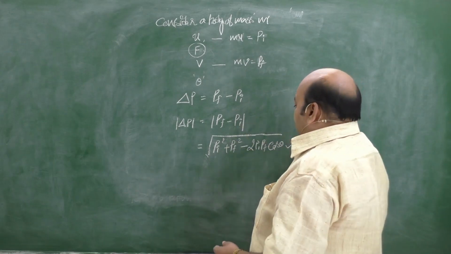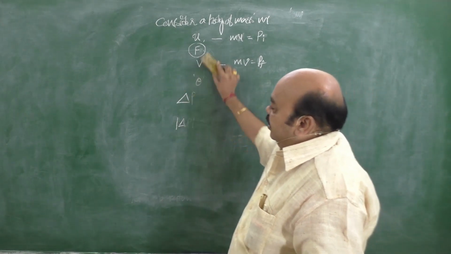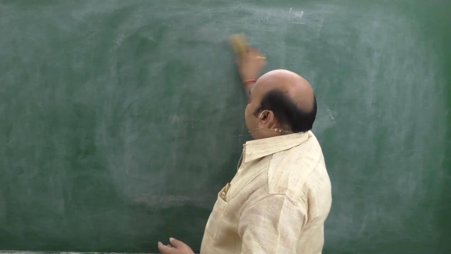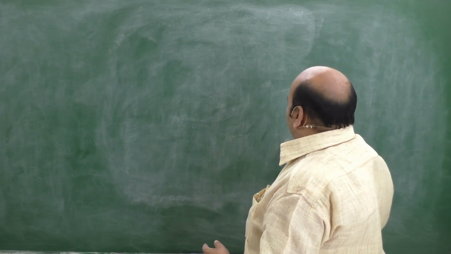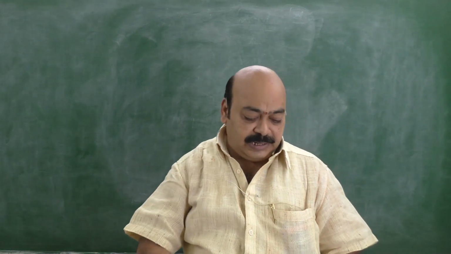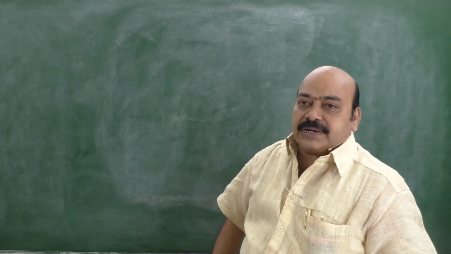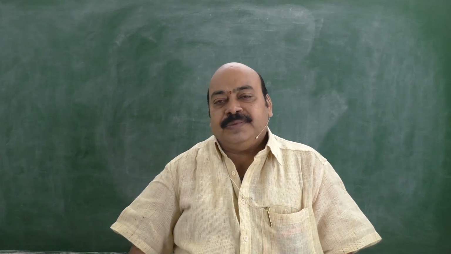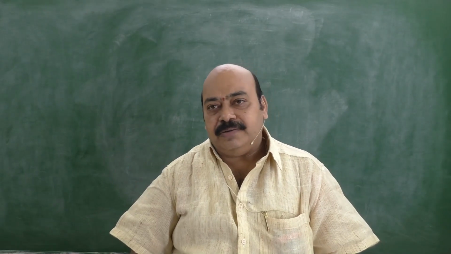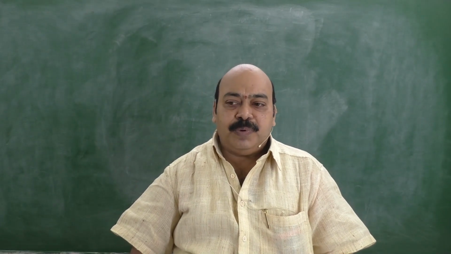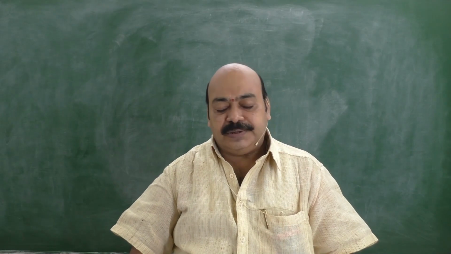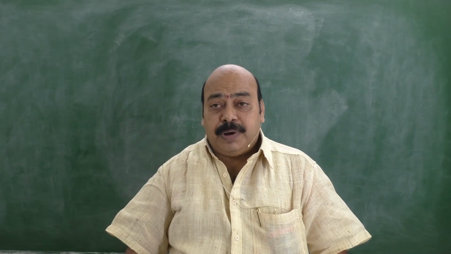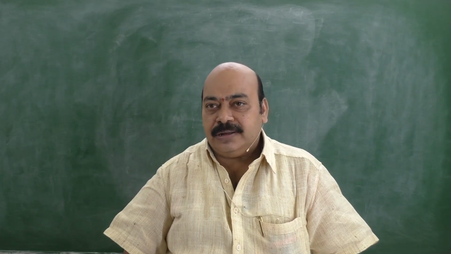Now, let us study how to calculate the change in momentum in one more case. Here we are considering different cases where we have to measure the change in momentum. Projectile motion, the motion of a body in a plane. In the chapter, we derived a very important result for the state board syllabus, intermediate examination: show that the path of a projectile is a parabola.